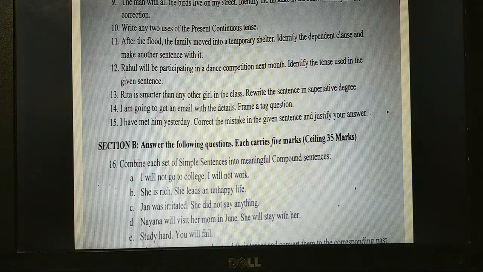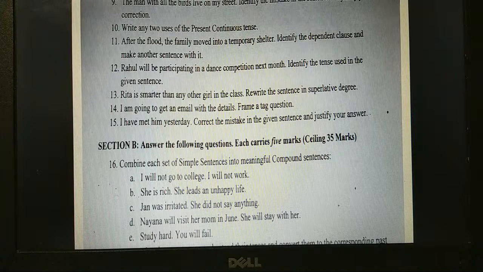But when you have ceiling questions, if you are very sure that you will full score, your answers are excellent, maybe you can stop after writing 7, 7 into 5 is 35. Otherwise, I would request you to answer all 8. If you are not sure that you are going to get 5 marks for all, just answer all.